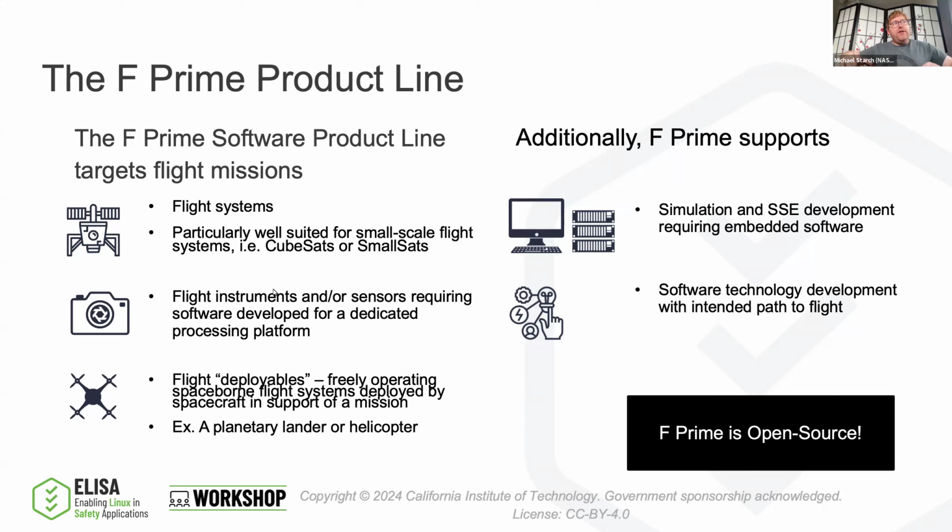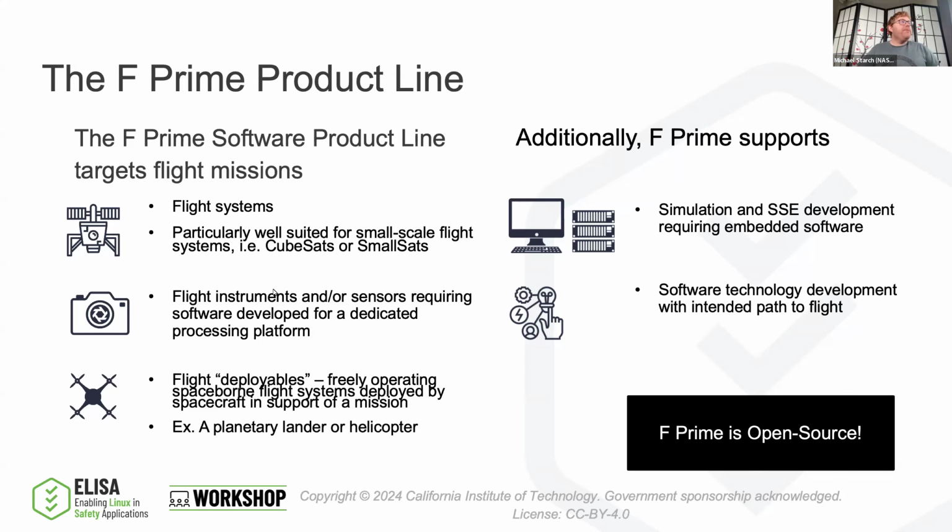So the goal here is you can develop technologies, research technologies in the same framework that you then ship to flight on a CubeSat or a Mars helicopter. Important to this conference is F Prime is open source. That means it's available to all of you today. It's available to anybody who might want to use it.